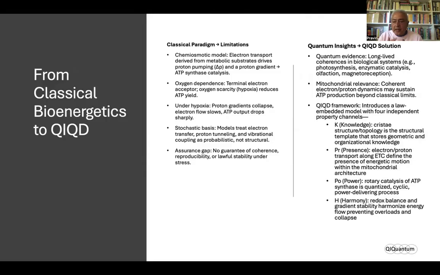The rotary catalysis of ATP synthase, which is quantized into cyclic power delivering process, is basically an instance of the tuple that we refer to as power or PO. And then the redox balancing and gradient stability that harmonizes energy flow, preventing overloads and collapse, can be thought of as the H aspect of the four tuple.